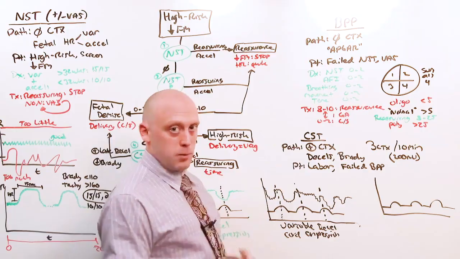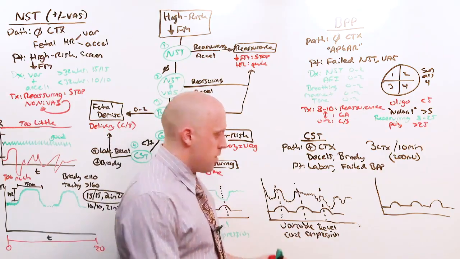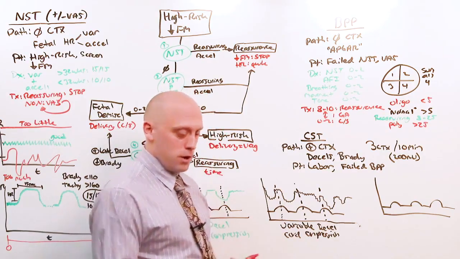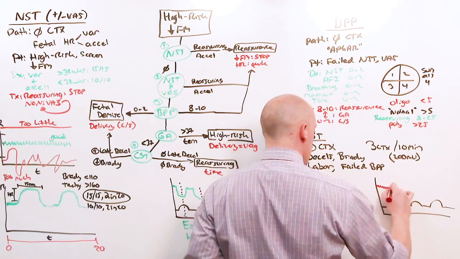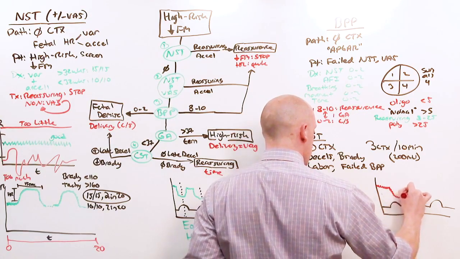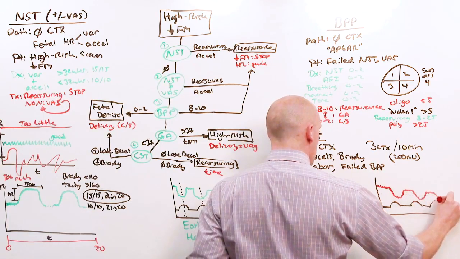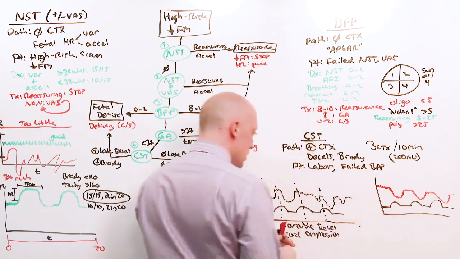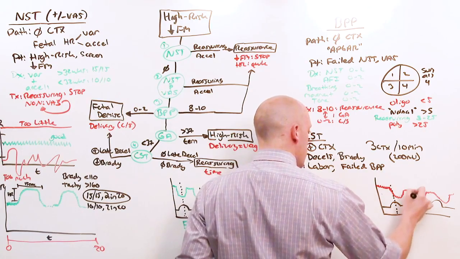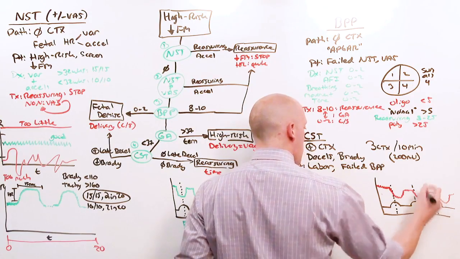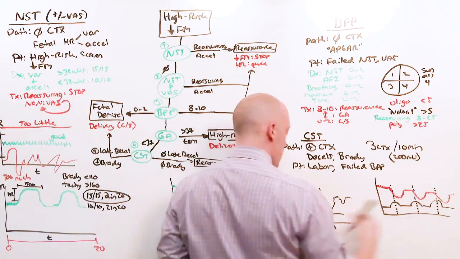The one you must be able to identify, the thing that makes the CST positive in a negative way, is either fetal bradycardia or late decelerations. And late decelerations look like they start when contractions peak. That is, the peak of contraction is near the onset of the deceleration, and the valley of the deceleration is shifted from the contraction.